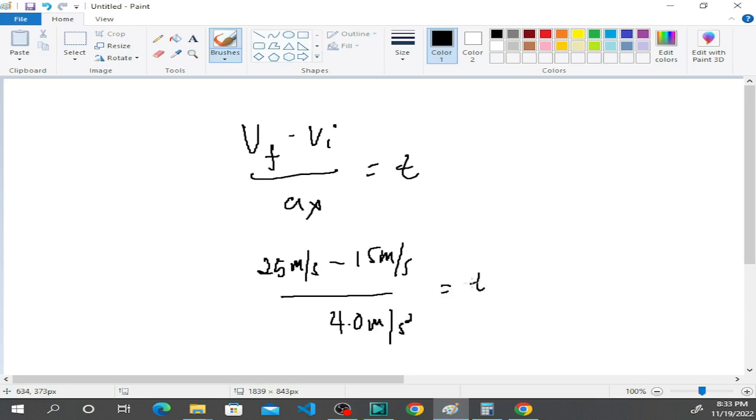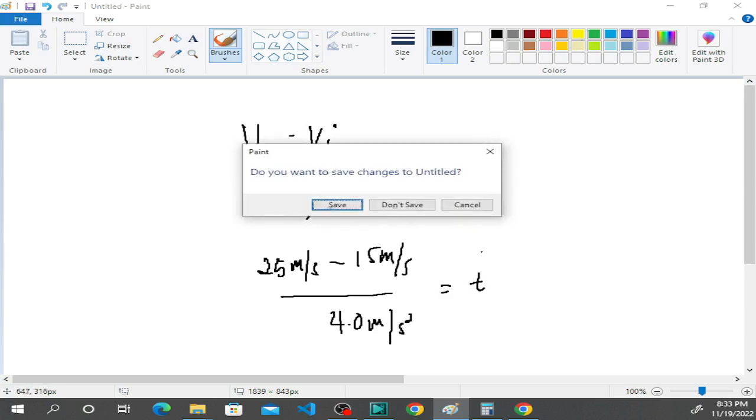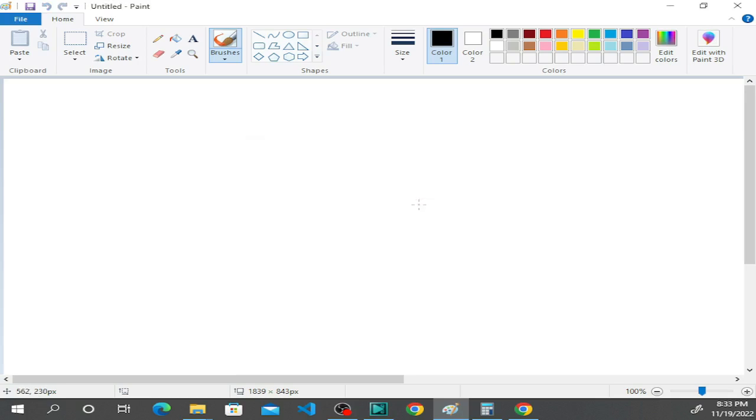That's the value of time, and that's P7. 25 minus 15 is 10 meters per second all over 4.0 meters per second squared.